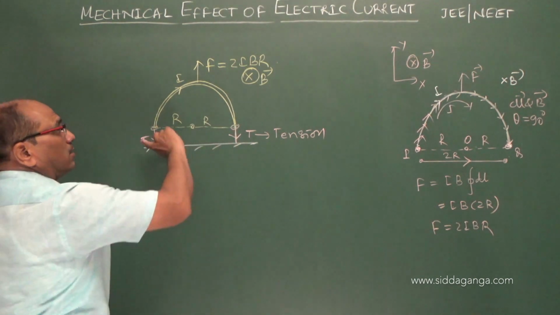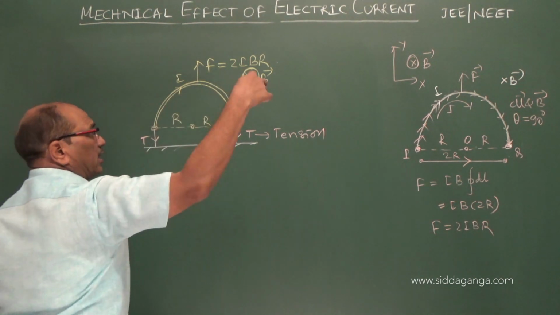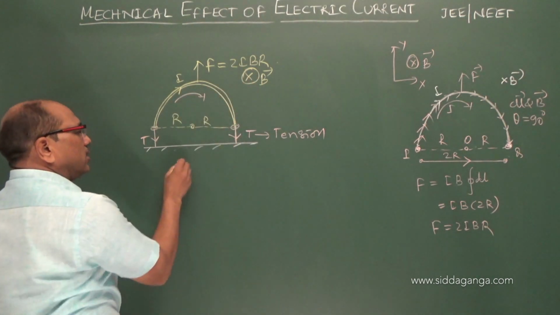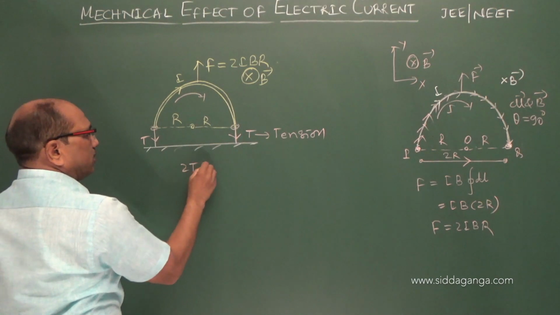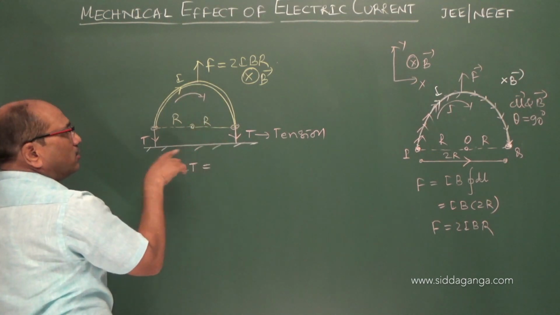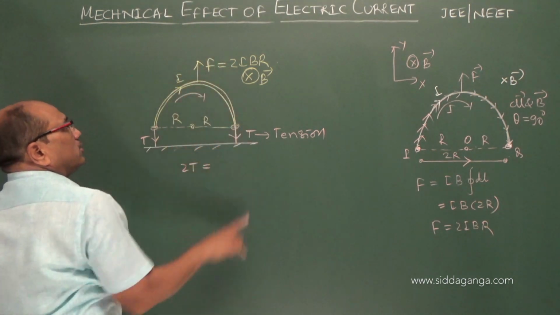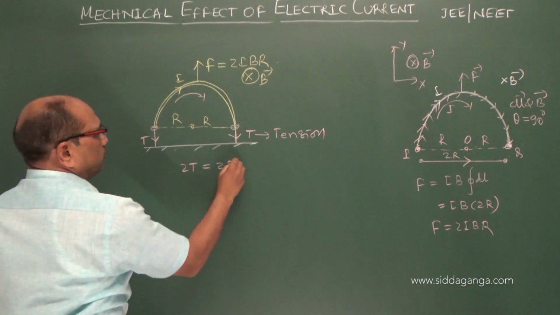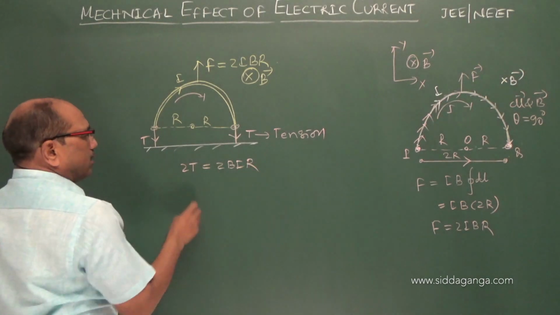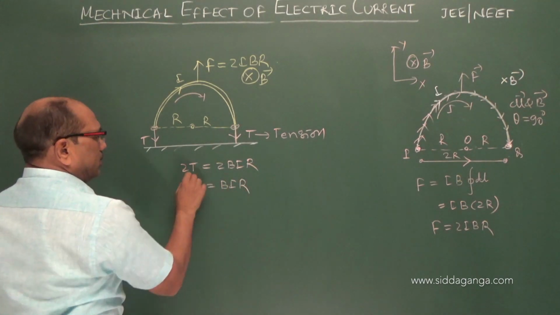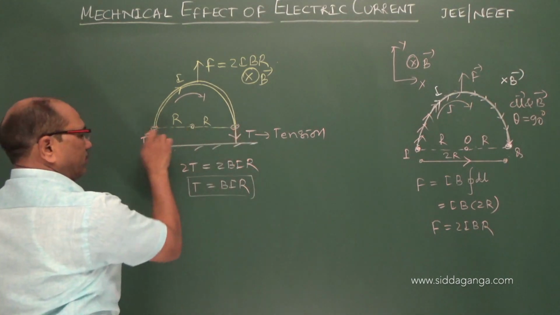When the wire carries a current I and the magnetic field is applied like this, current in this direction, magnetic field inward, then 2T, because equilibrium is achieved, downward force is due to tension, upward force is due to the magnetic one, that is 2BIR. This clearly suggests T equals BIR, the tension in each string.